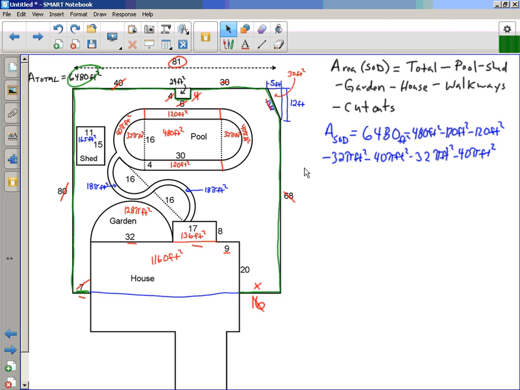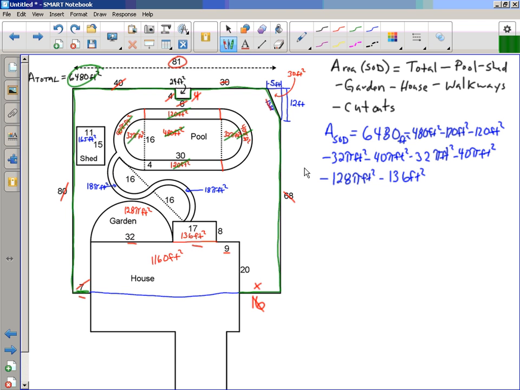If you want to know where I got all of those, I got them all right here. There's the 120. We started with the 480, 480 and two 120s. We've got the 32, the 40, the 32, and the 40. So that's all included. Now I need to take off the garden. So minus 128 pi feet squared, minus the house, 136 feet squared.